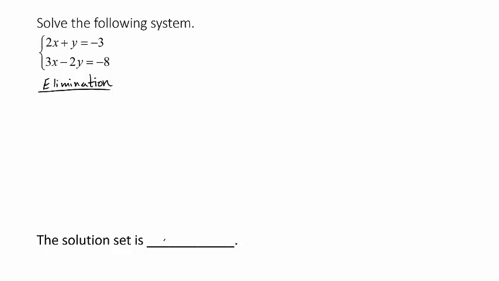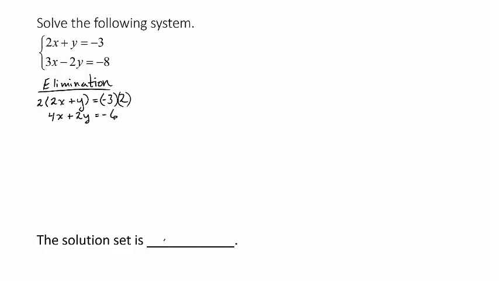I'm tempted to just multiply the first one by 2, so we'd have 2 times the quantity 2x plus y equal to -3 times 2, right? What you do to one side, you got to do to the other. Okay, so if we distribute that through, we'd have 4x plus 2y equal to -6.